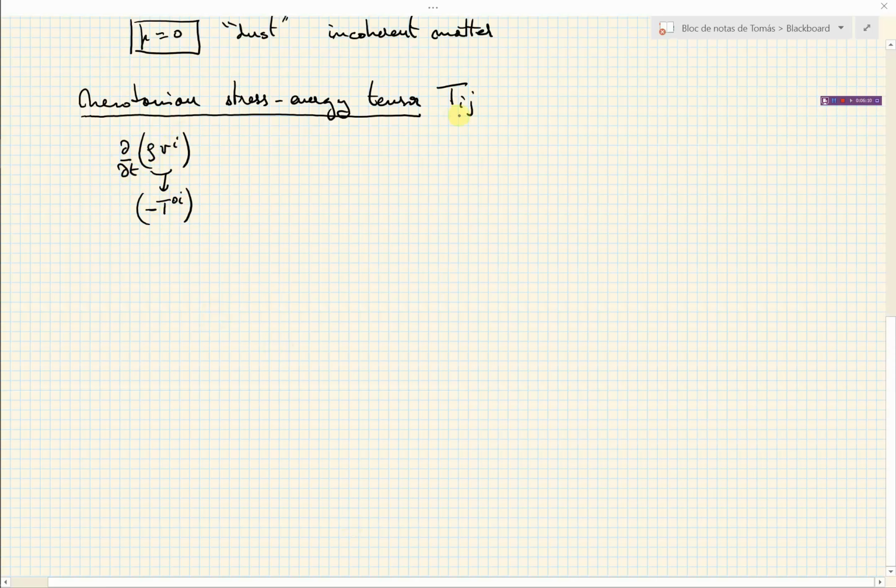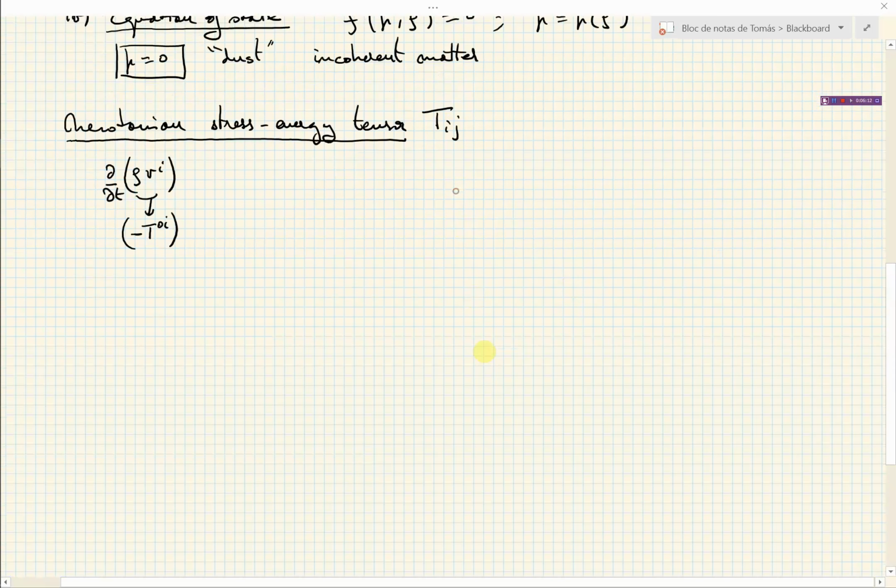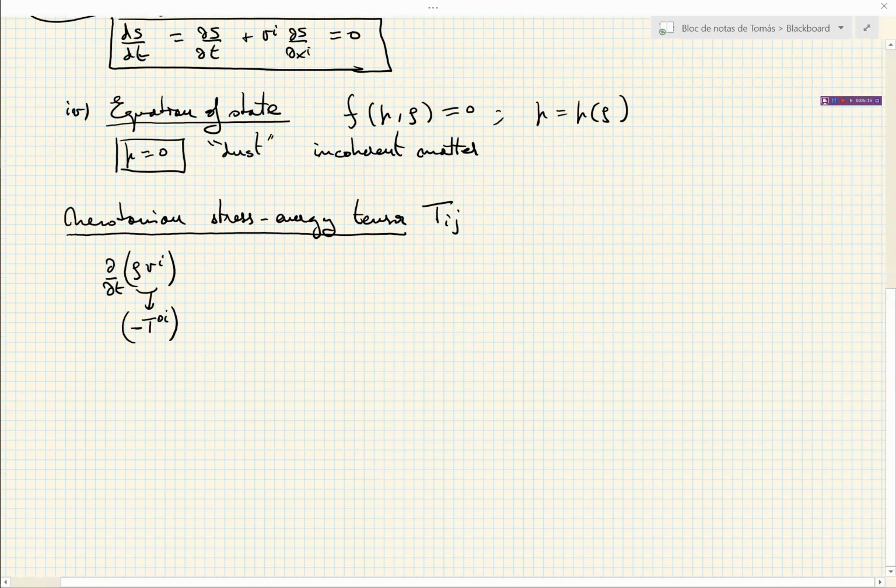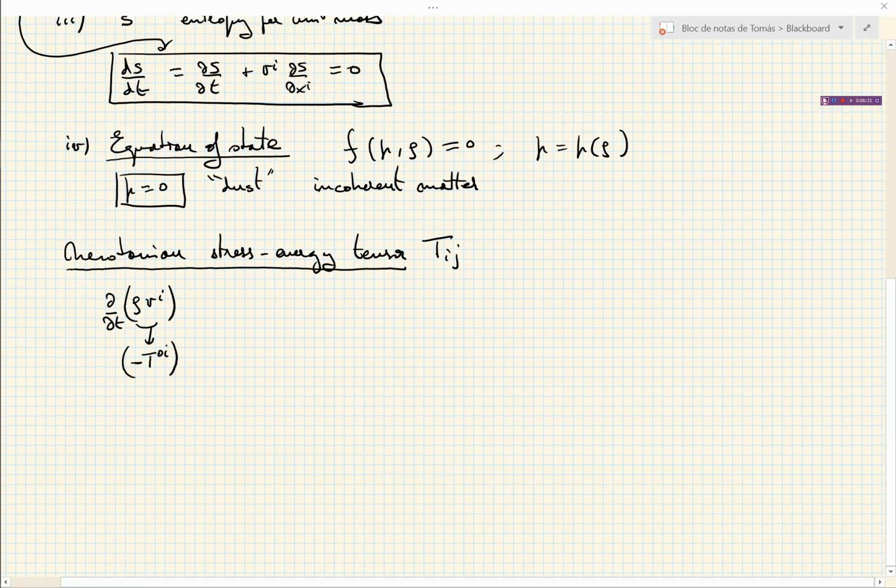You see that the Newtonian tensor only has components ij, but we'll extend it to a full 4x4 tensor later, and this will be the components T_0i. So this is the partial derivative of rho with respect to t times vi plus rho times the partial derivative of vi with respect to t.